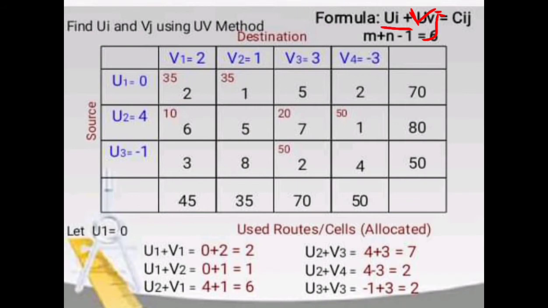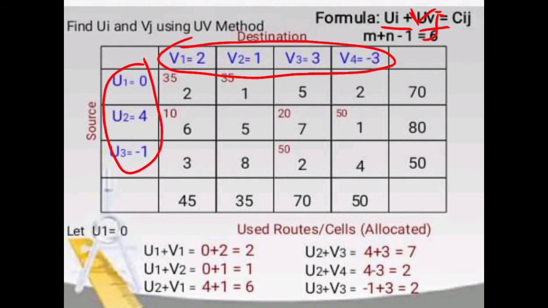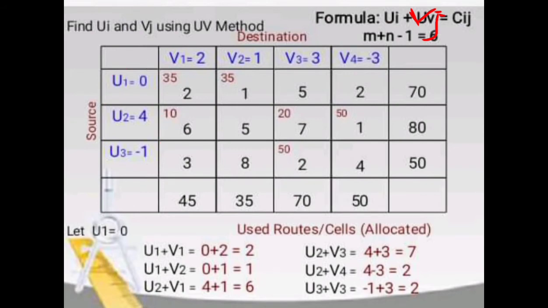Ui means the rows, and Vj means the columns. From this, m plus n minus 1 is equal to 6 to find the allocated cells. So m is the rows, which is 3, and n is the columns, which is 4, minus 1. So the allocated cells is 6.